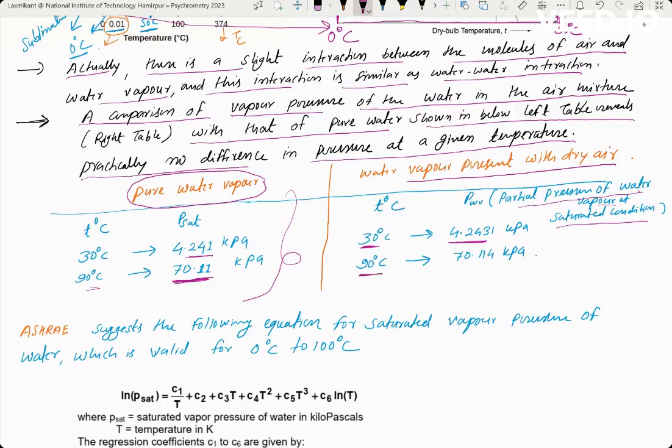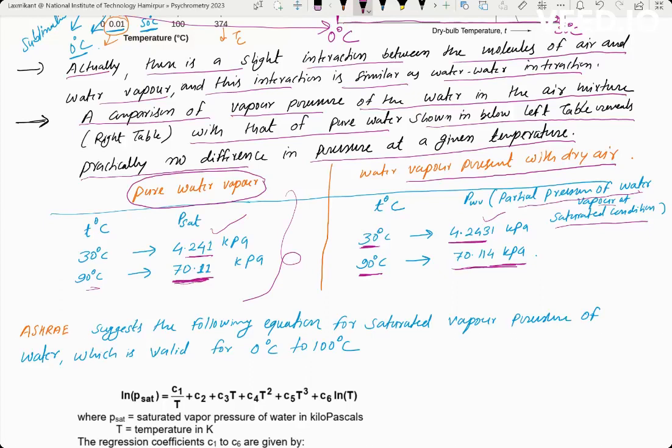Similarly, at 90 degrees Celsius, the saturation partial pressure of water vapor is 70.114 kilopascal. And you can see the difference: 4.241 on the left side and 4.2431 on the right side. Similarly, 70.11 and 70.114. So very little difference.